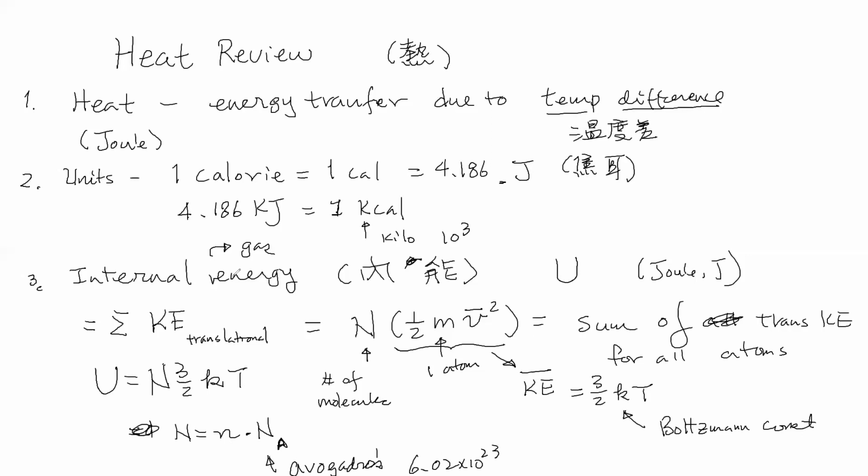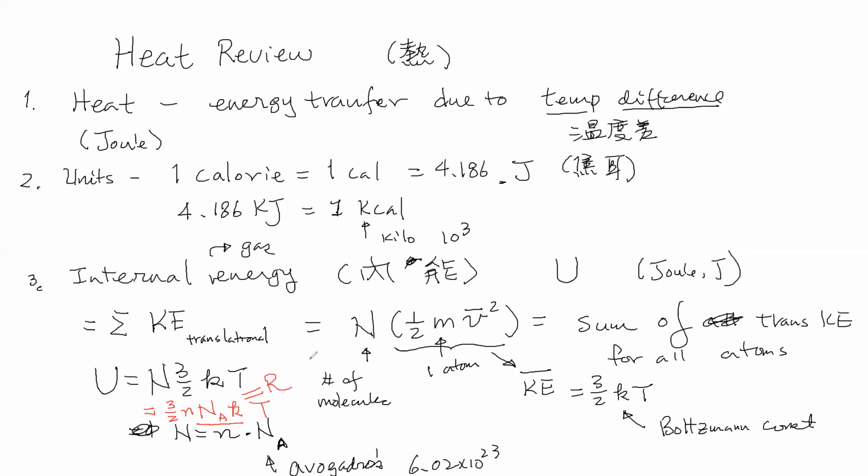So then this will be equal to 3/2 n, and then N A times K T. So these two together is equal to R. Yeah.